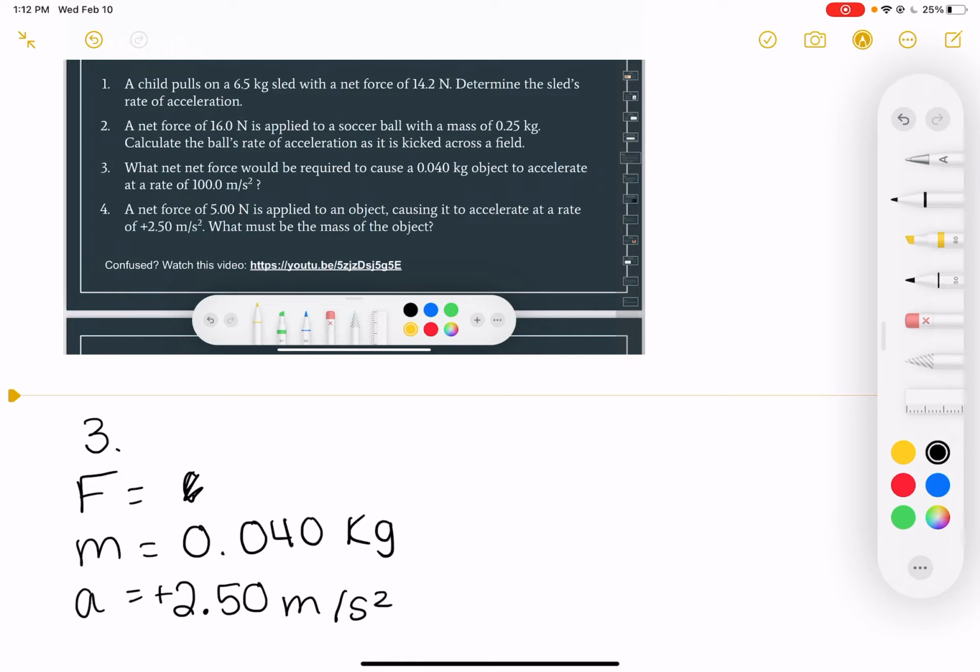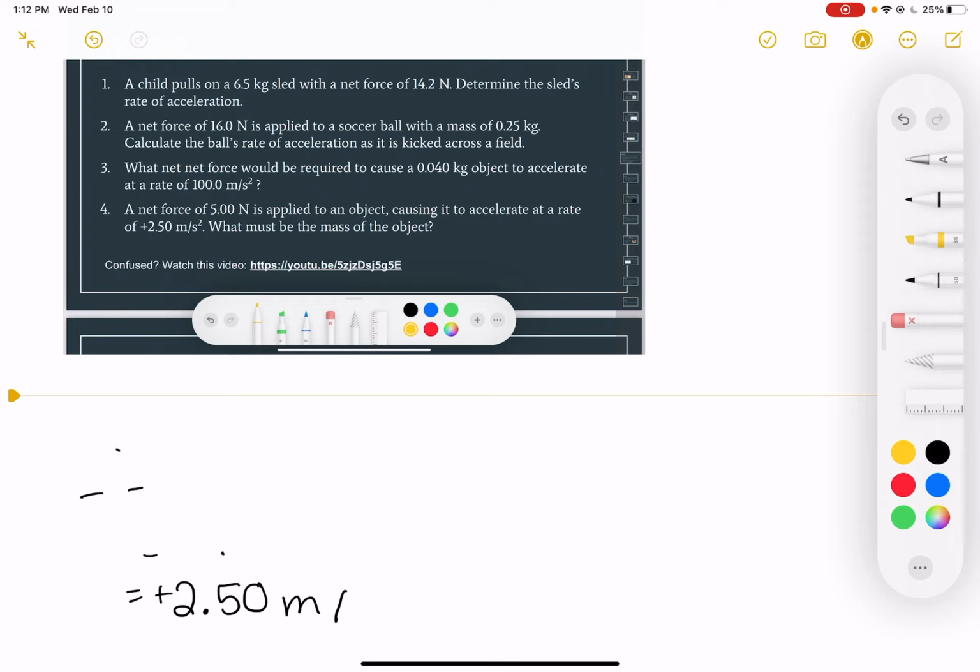Okay, and then it's asking us what must be the mass of the object. No, that's not what the question is asking. Am I reading two different questions? I am. Let's start this over. I was mixing the two questions together.